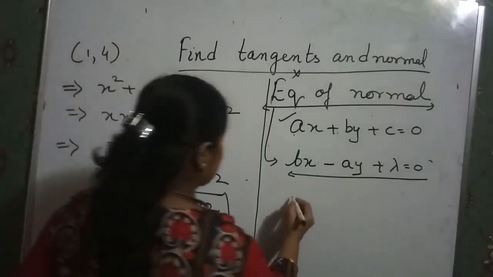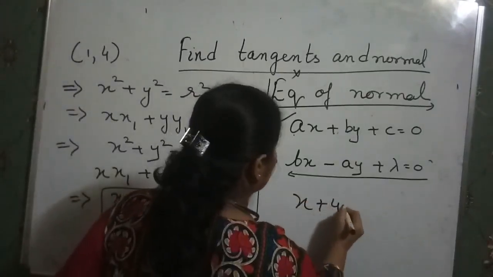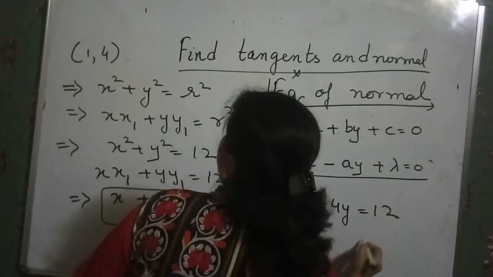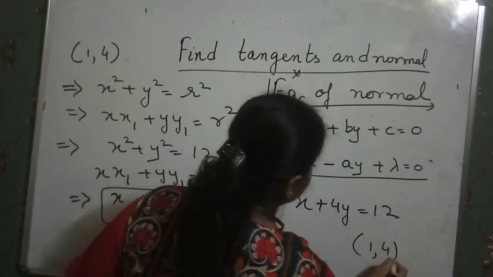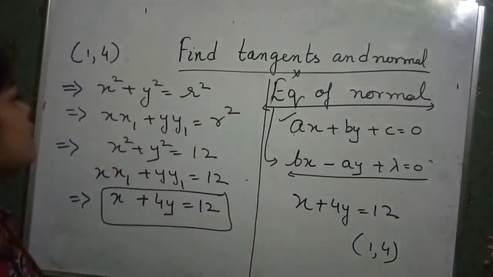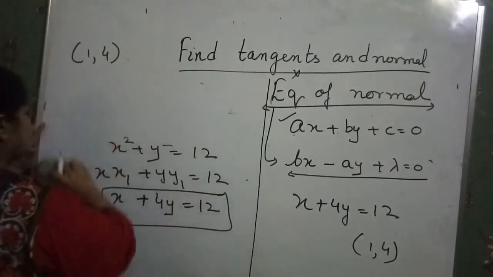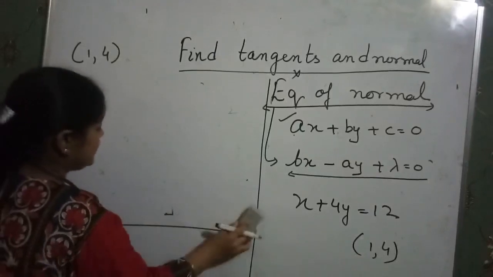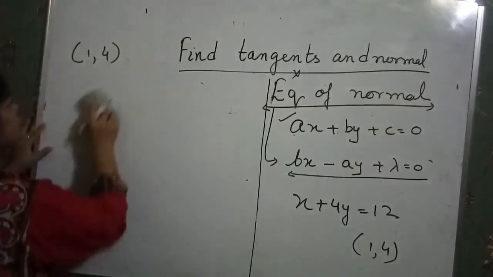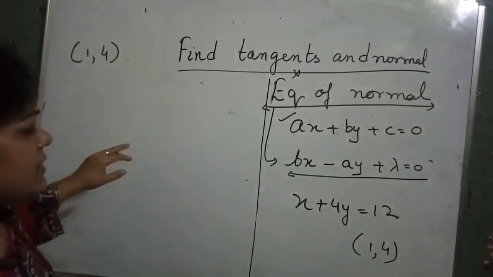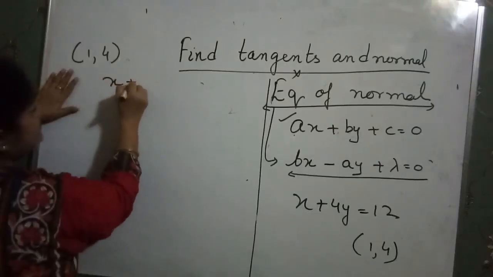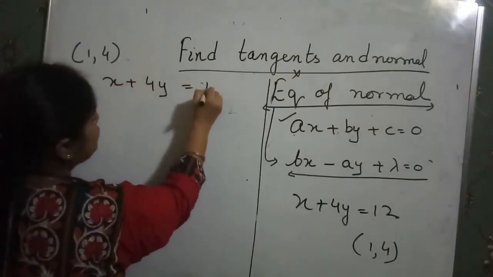So we have equation of tangent in this case x plus 4y is equal to 12 at the point (1, 4). Now I am going to find the equation of normal from the equation of the tangent. Clear? So as we see, we have the equation x plus 4y is equal to 12.